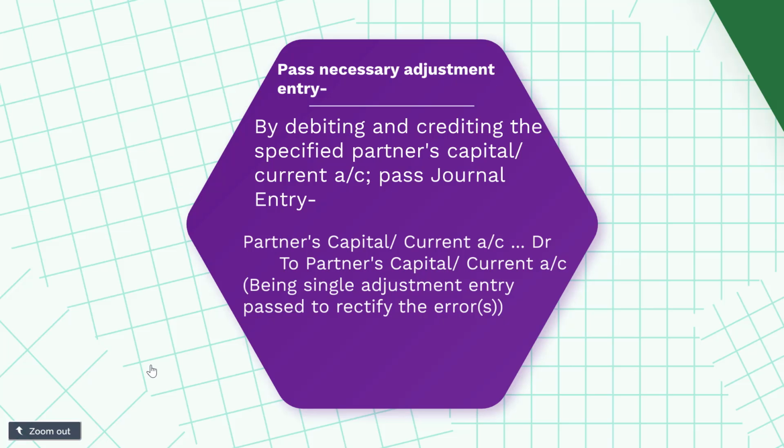Debit the partner's capital or current account whose debit total is higher with the difference, and credit the partner's capital or current account whose credit total is higher with the amount of difference. This would be the single adjustment entry which has to be passed to rectify the error.